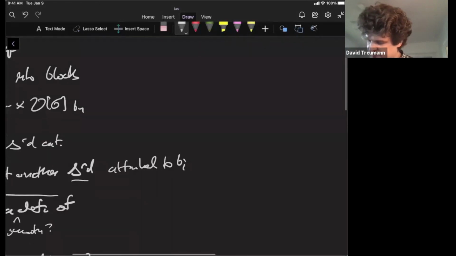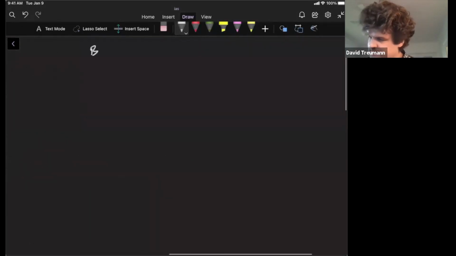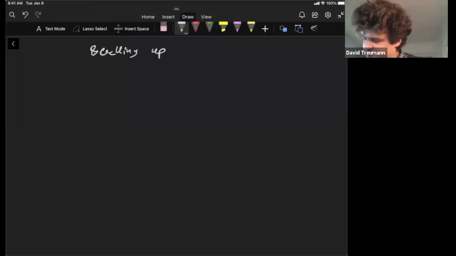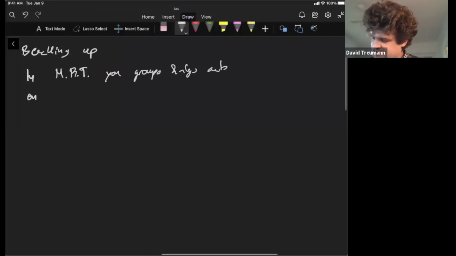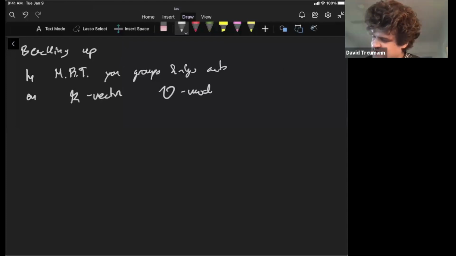Okay, so let me back up. In modular representation theory, you have groups and algebras, and they usually act on a little k vector space, or a little O module.